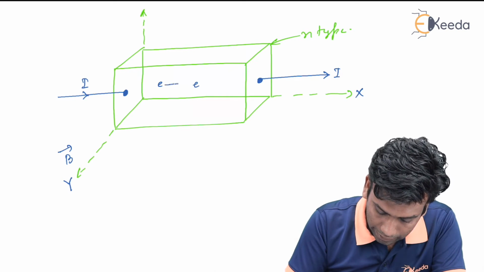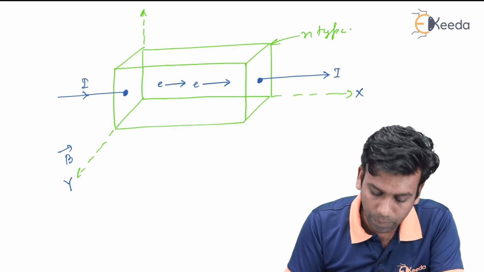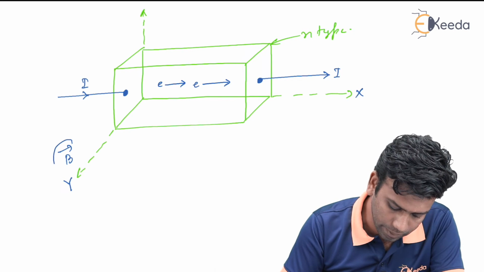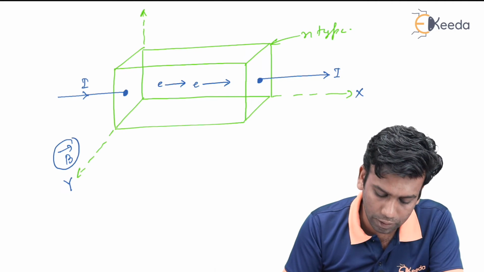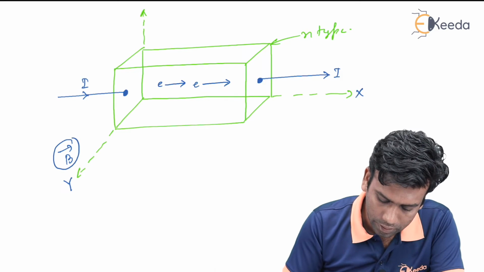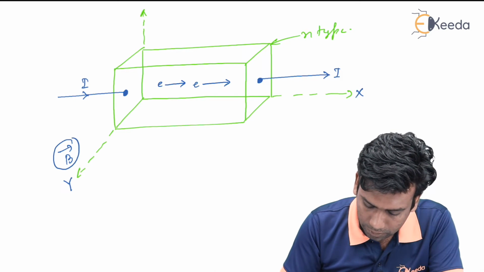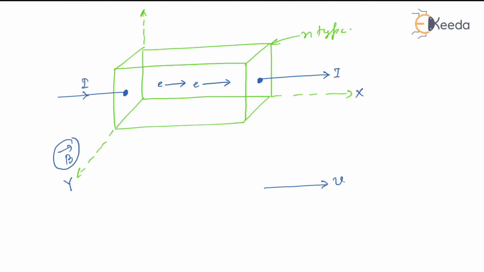So, they will have a velocity in this direction, but due to the presence of this magnetic field, a force will be created due to the Lorentz law. The direction of the force will be like this, because the velocity of the electrons is in the positive x direction and the magnetic field direction is in the y direction like this.